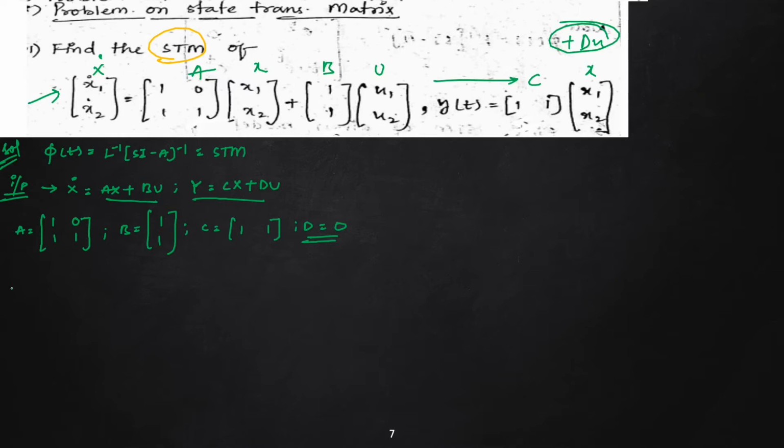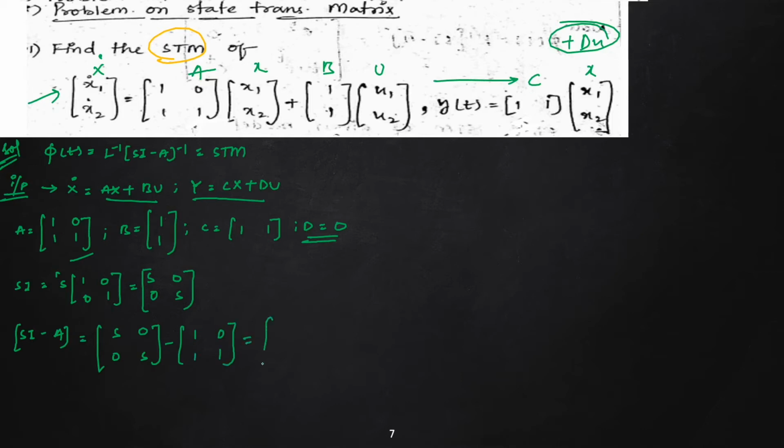So first let us calculate sI. sI is nothing but s multiplied with the identity matrix [1 0; 0 1]. So we have sI as [s 0; 0 s]. Now let's calculate sI minus A. So sI minus A is nothing but [s 0; 0 s] minus the A matrix, which is [1 1; 0 1].